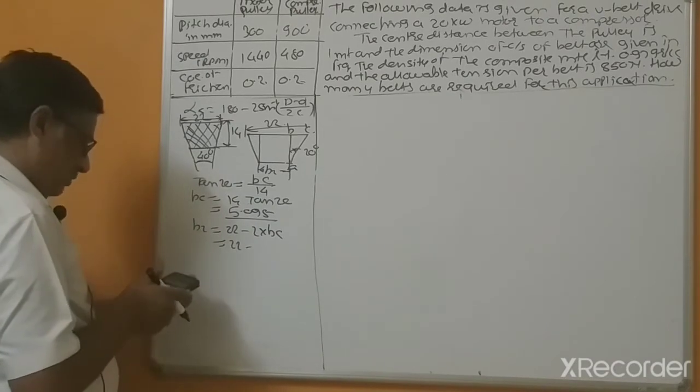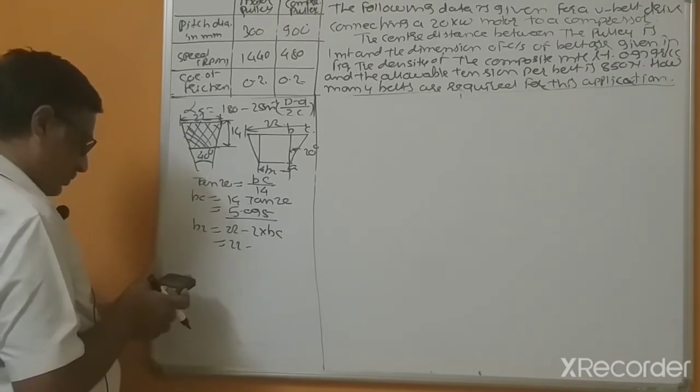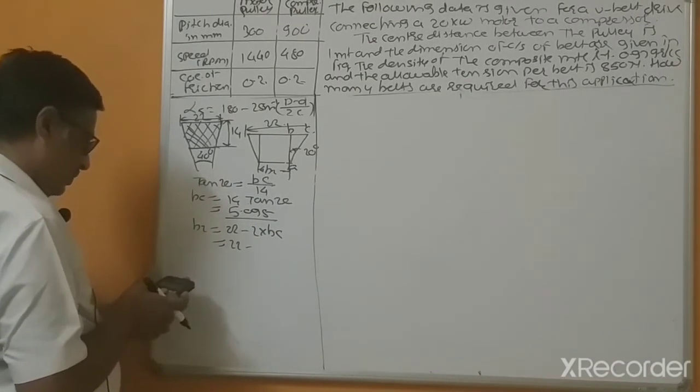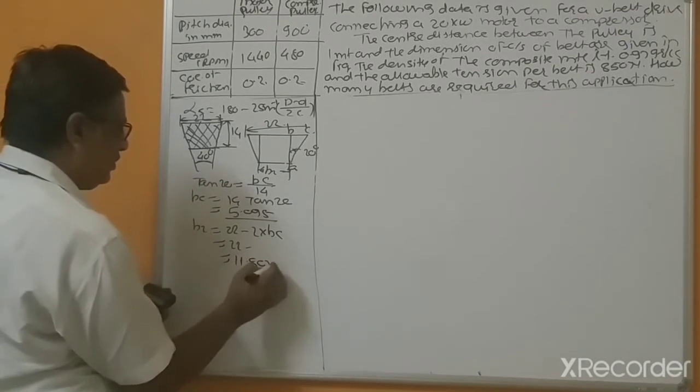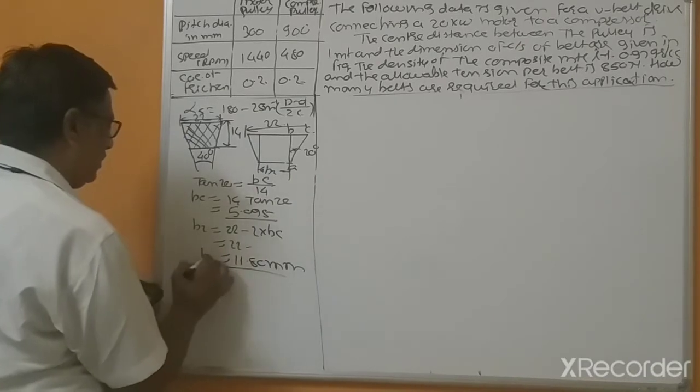Now B2 equal to 22 minus 2 into BC. So that's why multiplied by 2, minus 22. This is equal to 11.80. B2 equal to 11.80.